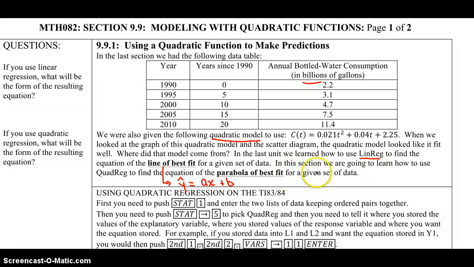In this section, we're going to learn how to use quadratic regression on our calculator to find the equation of the parabola of best fit. Now we get a y hat equal to ax squared plus bx plus c, where again a cannot be 0, but b or c might be 0.